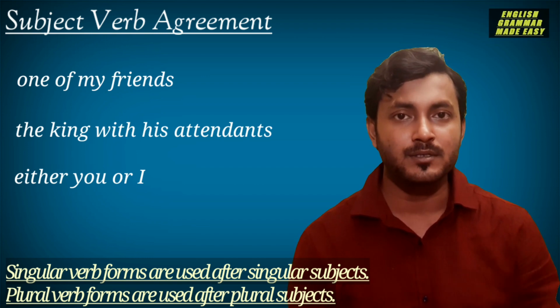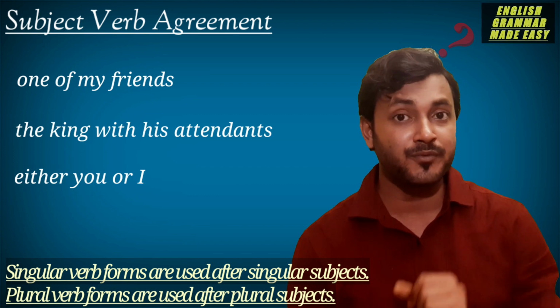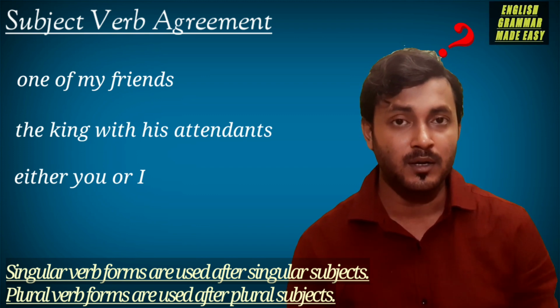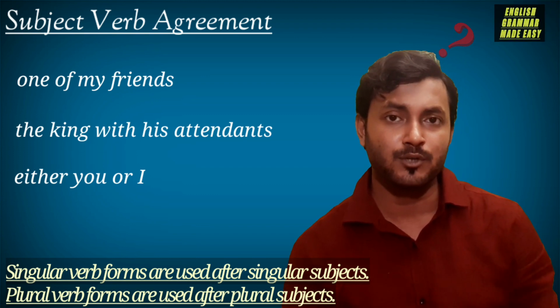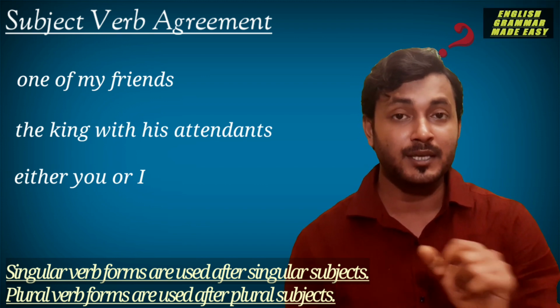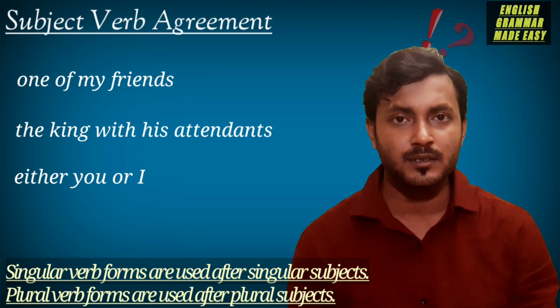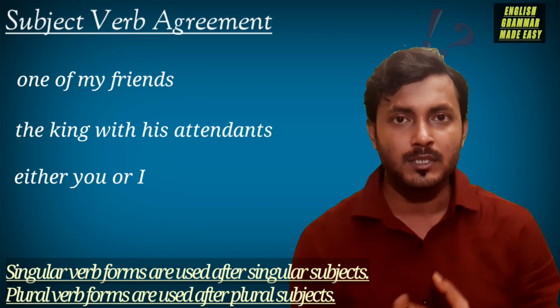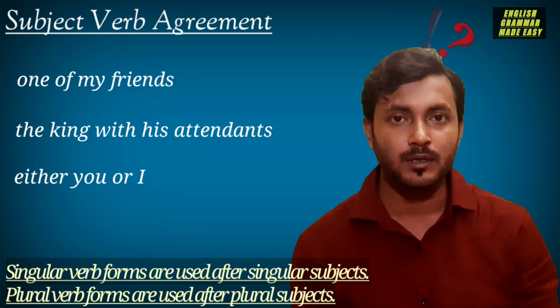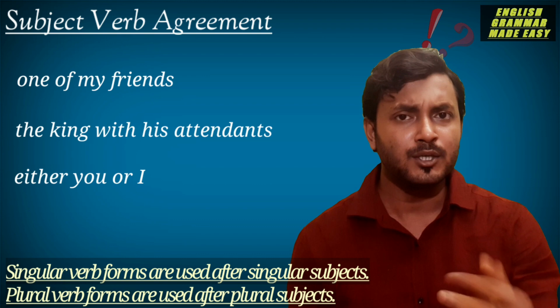One of my friends. Does it sound plural or singular to you? Oh, there is friends in this part of the sentence, so it should be treated as plural. And in the case of the king with all his attendants, should we focus on the king or the attendants? Or all of them? Is it a plural subject or a singular subject? Now we become confused. And either you or I.